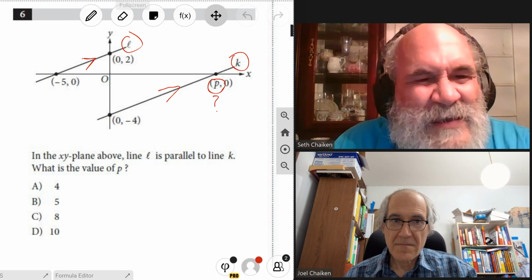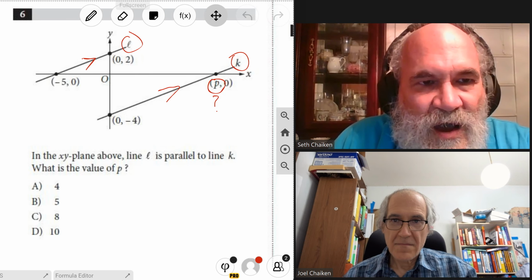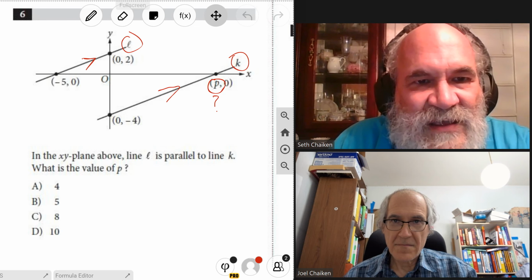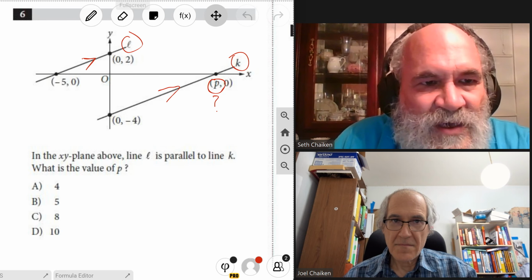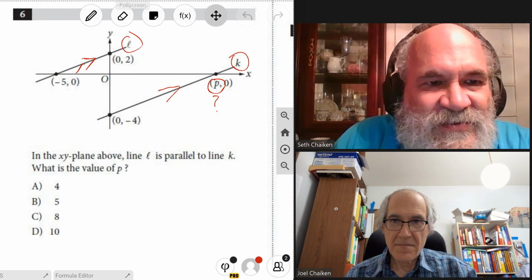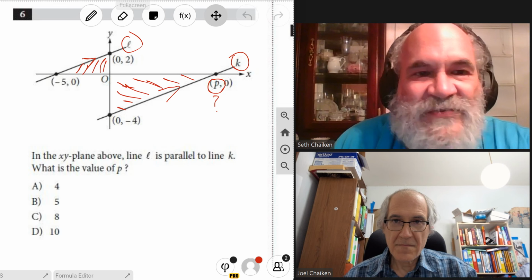Well, this is a pure geometry problem. Line L and line K being parallel implies that these two triangles are similar triangles.